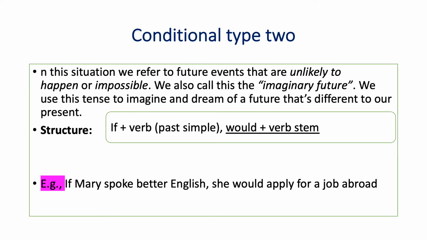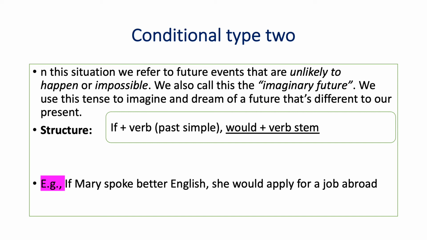Okay, we use conditional type 2, okay, in a situation when we refer to future events that are unlikely to happen or impossible to happen. We also call this the imaginary future. We use this tense to imagine and dream of a future that is different to our present.